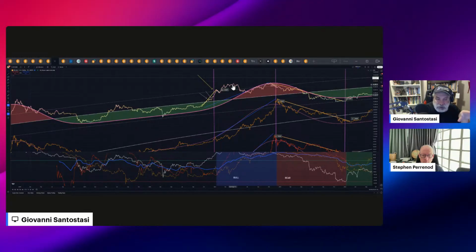And then for some reason, maybe because of synchronization with some macroeconomic event, we still had another top later where it was supposed to be, and then finally we had the bear market.